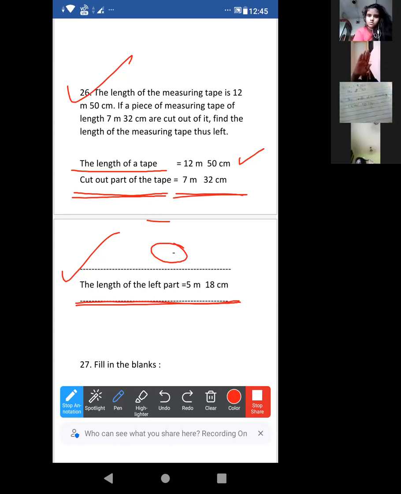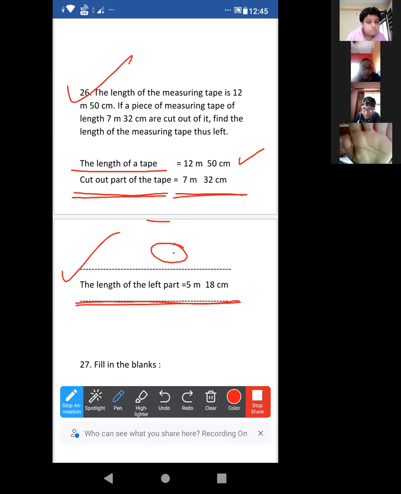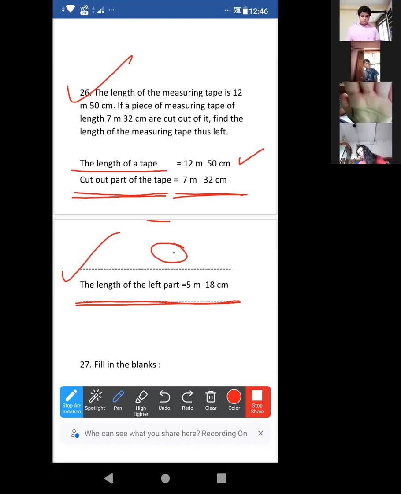You are not turning on your camera. Question 26 done? I will move to the next one. Rifa, no need to show me the copy now. Okay, I am moving to the next one. Yes, Amitrajit, okay, done.